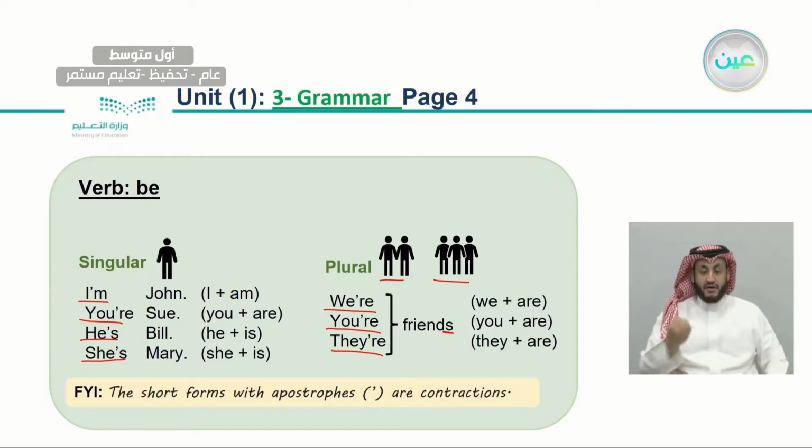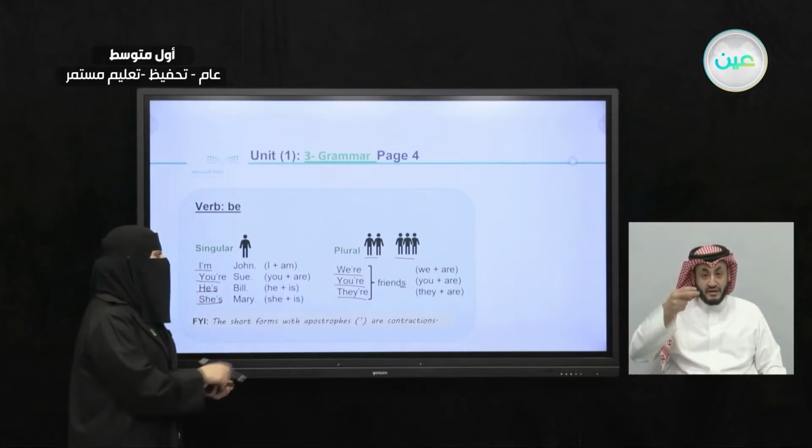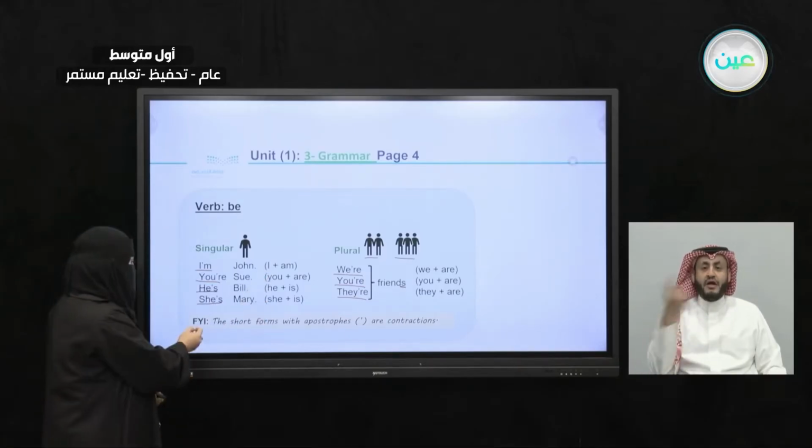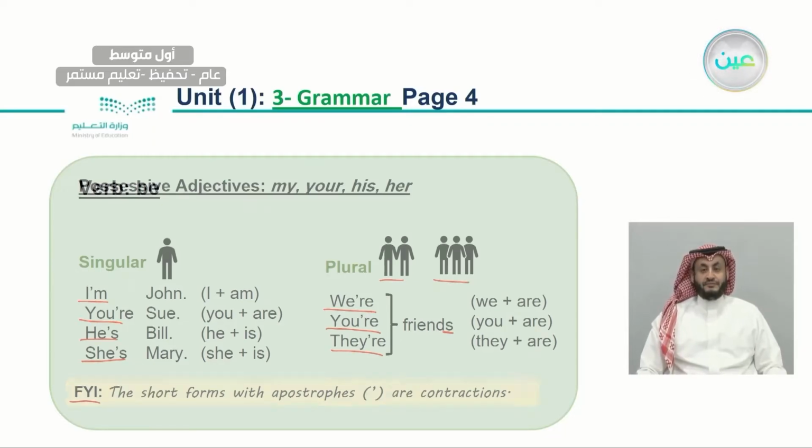And this is the full form of we are, you are, they are. Now, you are intermediate, you're not beginners anymore, so you need to know the contractions. For your information, the short forms with apostrophes are contractions.